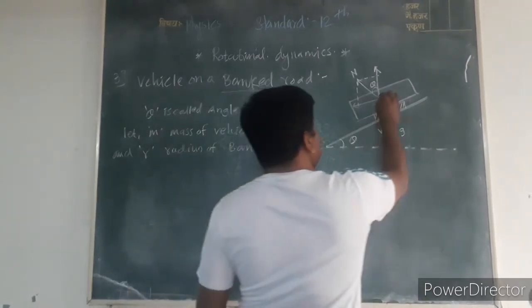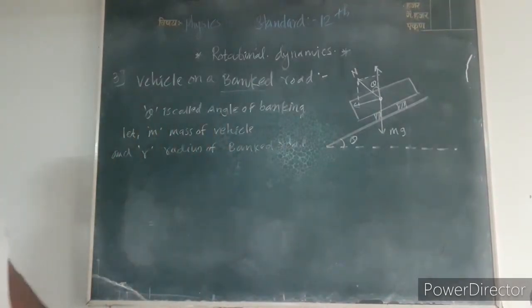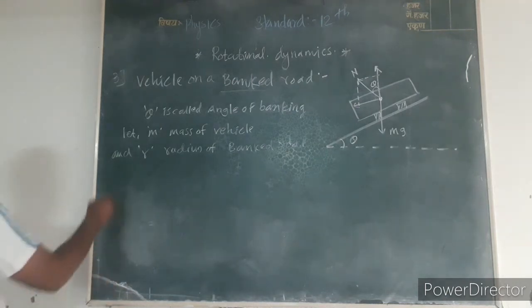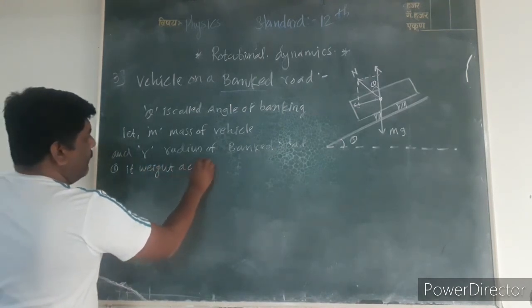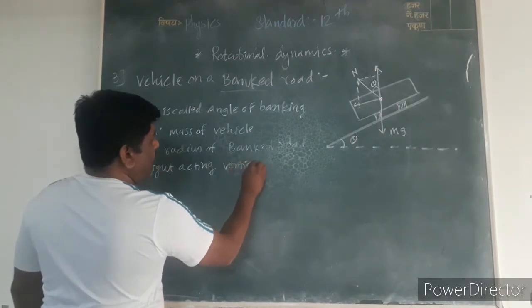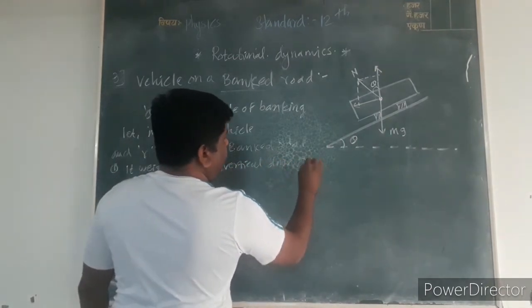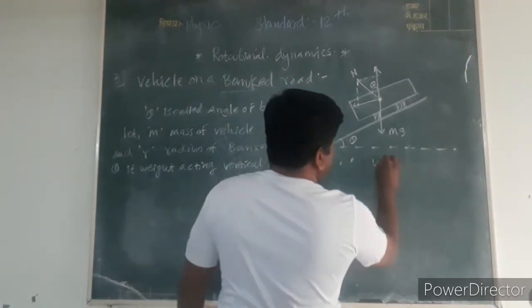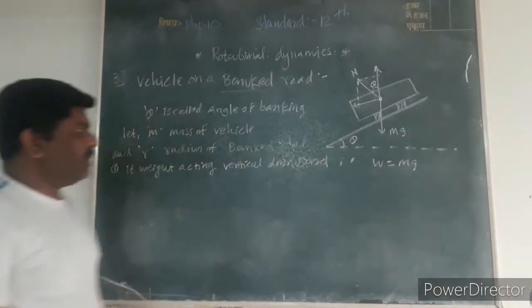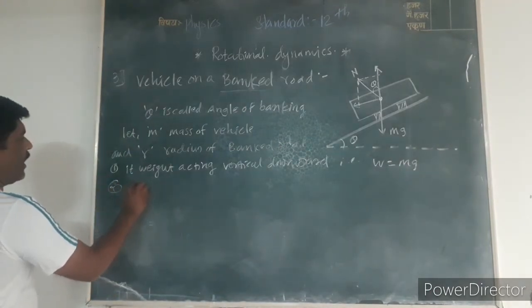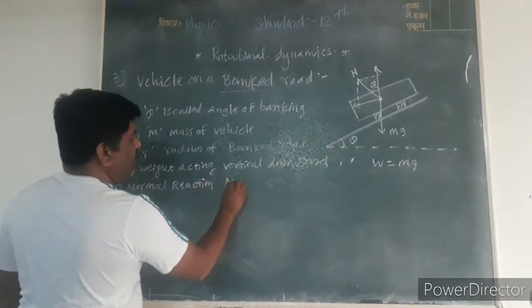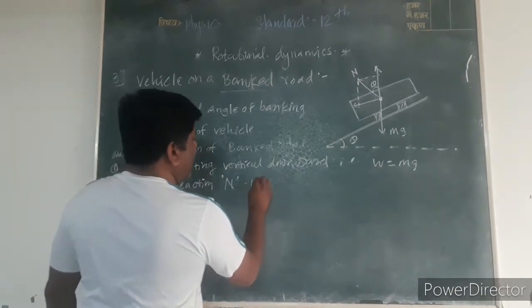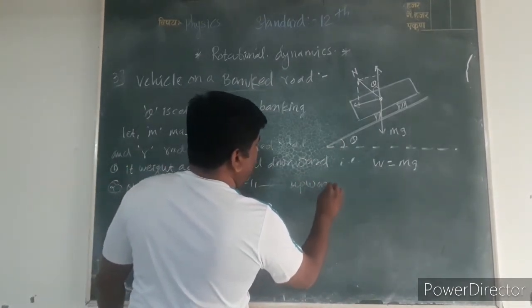The different forces acting on the vehicle over the banked road: first, its weight W is equal to mg, acting vertically downward. Second, the normal reaction N acting upward.